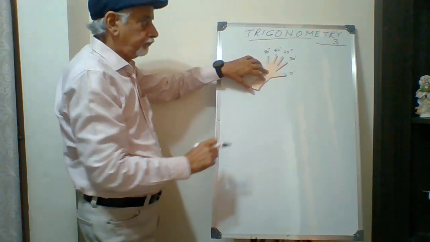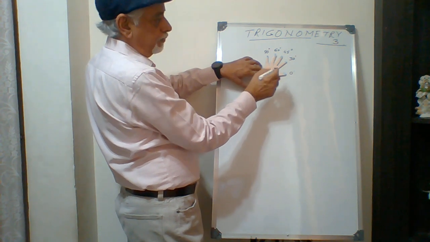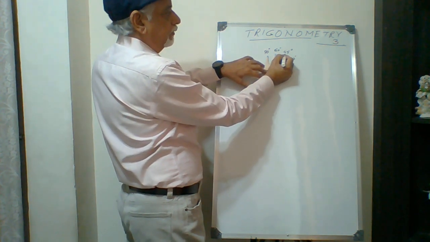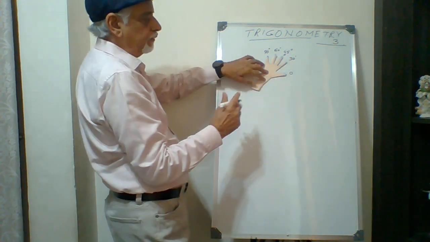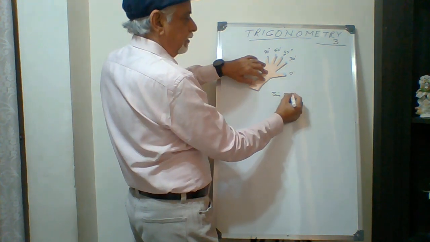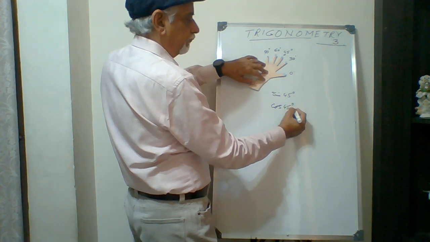Right? Now, on the clockwise side of a particular finger, suppose I have picked up this 45 degree finger, and I will calculate the value of sine of 45 and cos of 45 degree.